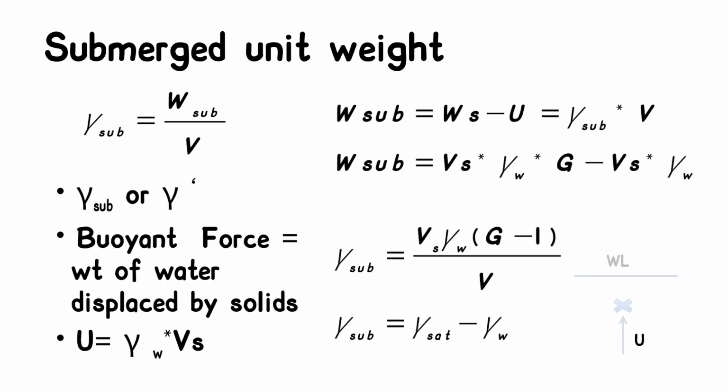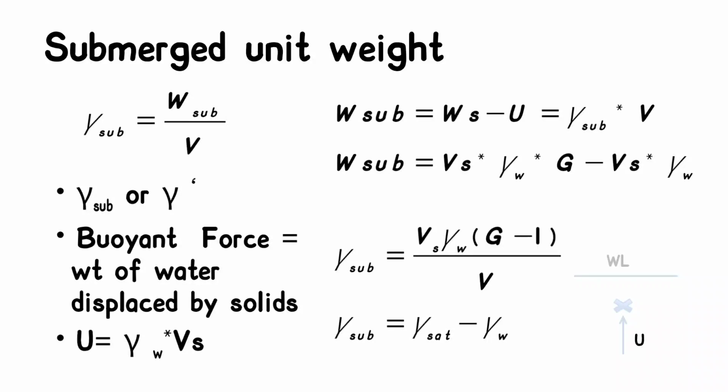Now the W submerged, that is, the weight of the submerged soil, is equal to Ws, the weight of the solids, minus the buoyant force. It can be rewritten as Vs into gamma w into G minus Vs into gamma w.